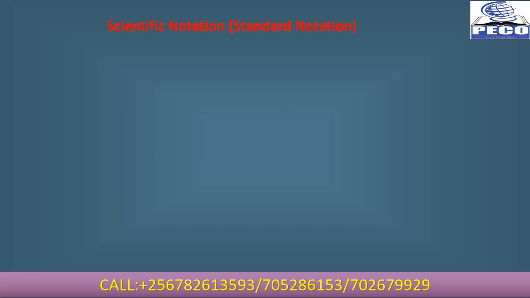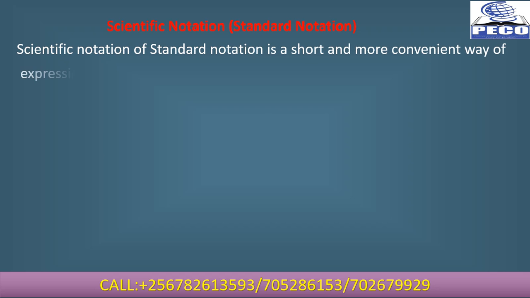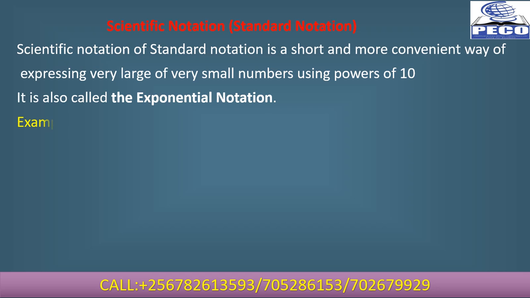We talked about scientific notation, or the standard notation form that we need to write numbers. Now, scientific notation or standard notation is a short and more convenient way of expressing very large or very small numbers using the power of 10.